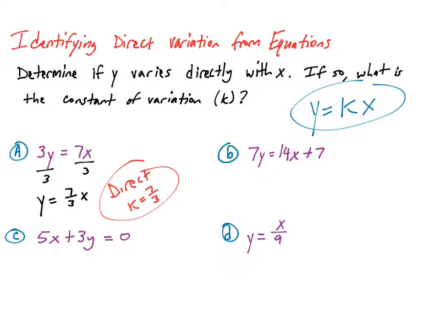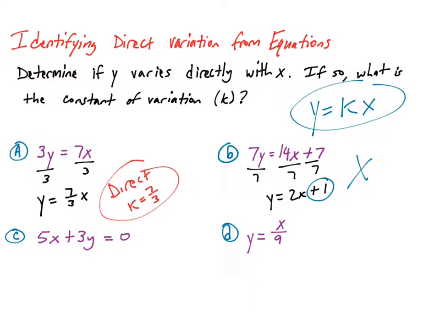Question B, same idea. We want to get the y by itself. Divide by 7. We're going to get y equals 2x plus 1. This is not direct. We have this added piece here, so this one doesn't work. Question C, same idea. We're going to get y by itself.